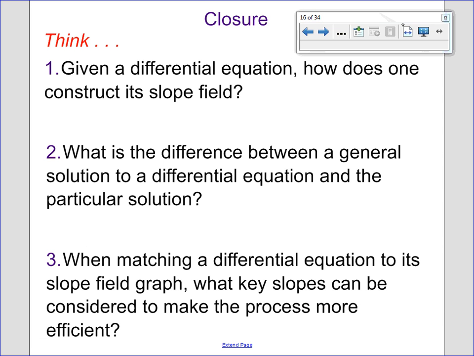What's the difference between a general solution to a differential equation and a particular solution? And lastly, when matching a differential equation to its slope field graph, what key slopes can be considered to make the process more efficient? Please be ready to share.